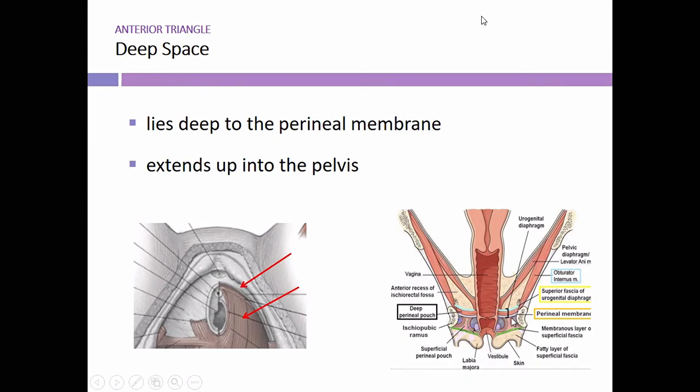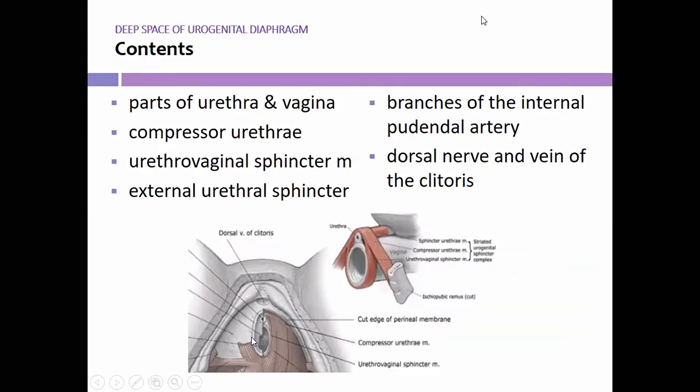So you can now see the deeper area if the woman is standing, while if the woman is in supine position, you remove the perineal membrane and you can see the deep space of the anterior triangle. And what are the contents? Parts of the urethra, parts of the vagina, and of course, the muscles surrounding these structures. You have the compressor urethrae as well as the external urethral sphincter.